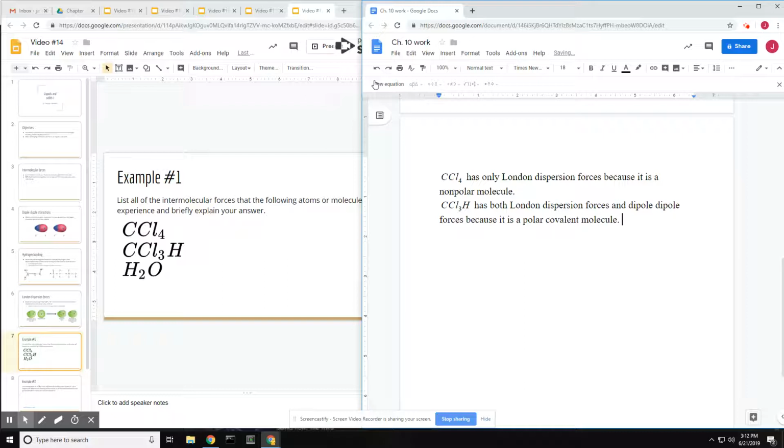CCl3H is a little bit different because those C-Cl bonds are no longer symmetrically placed around it. It is polar. So in addition to its London dispersion forces, anything that has electrons pretty much has London dispersion, it also has dipole-dipole forces.